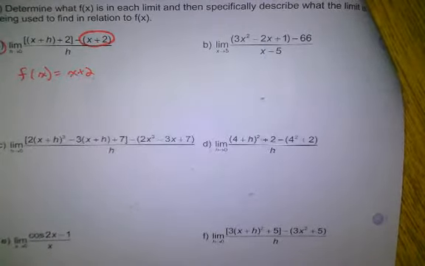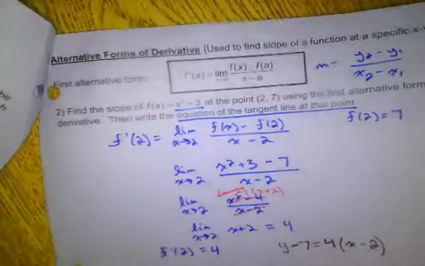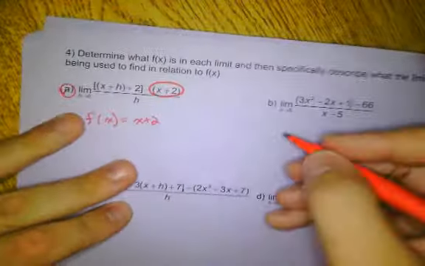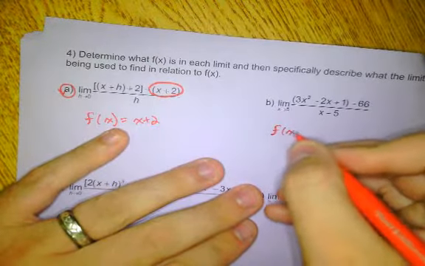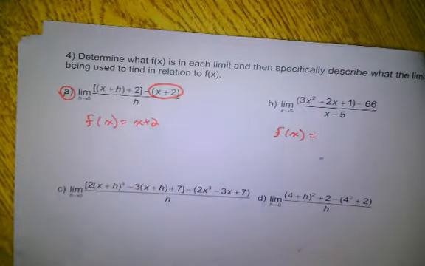Alright, letter B. Is this the original form or the alternate form? Where's the function located on the alternate form? It's in the front. So what's the function? So which one's the function?